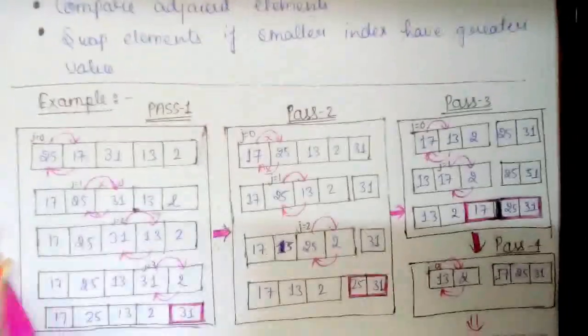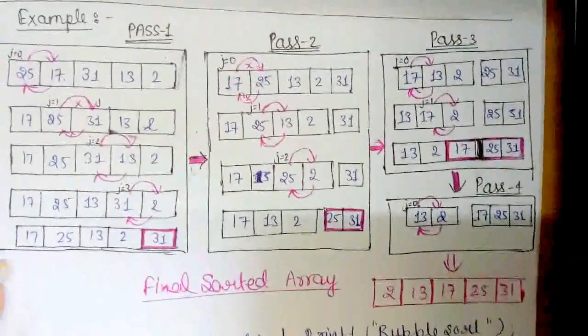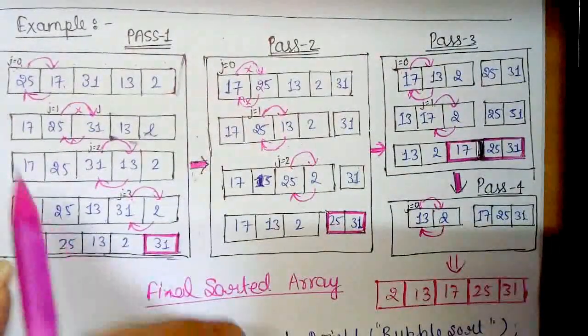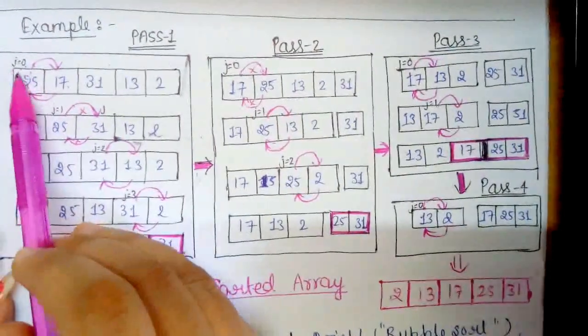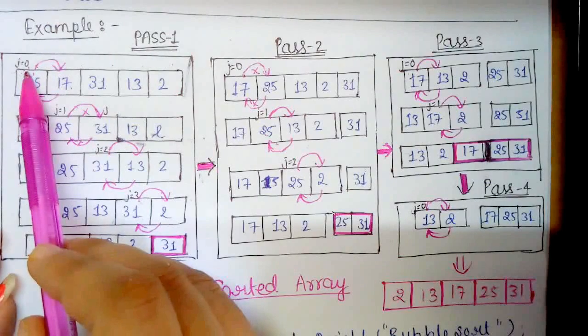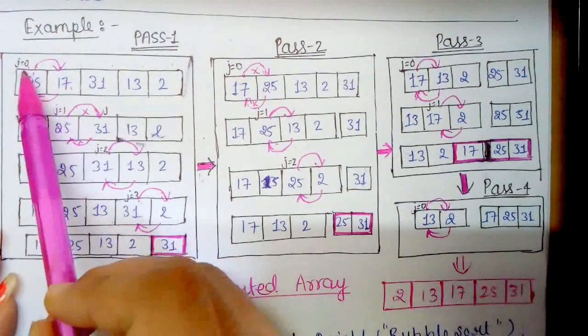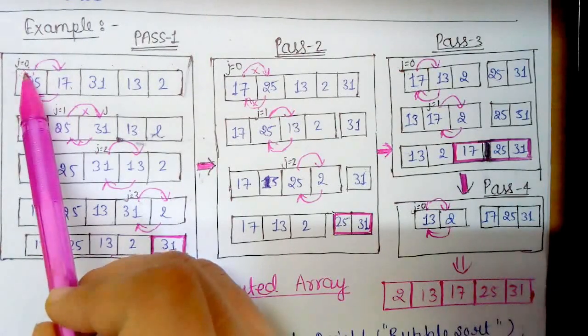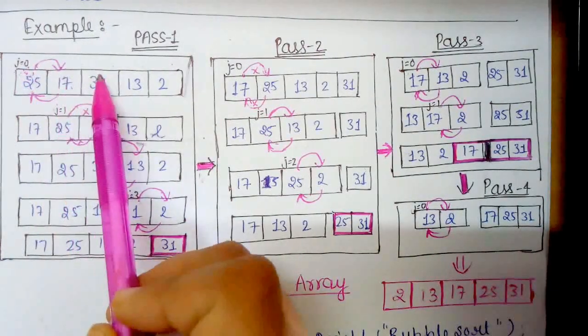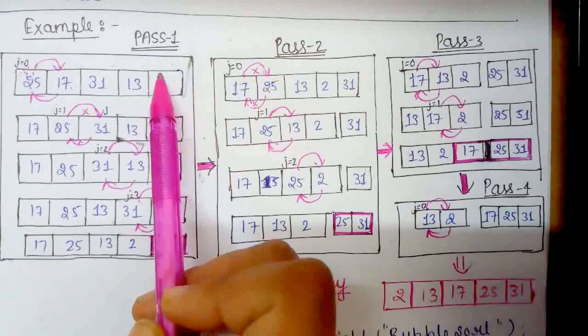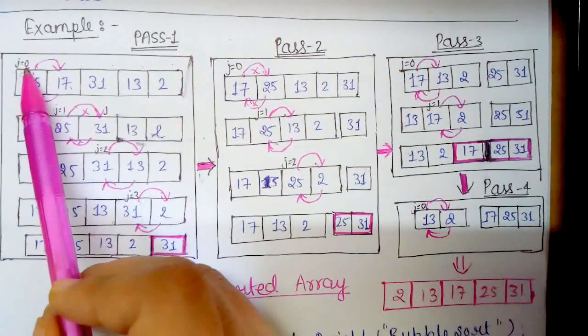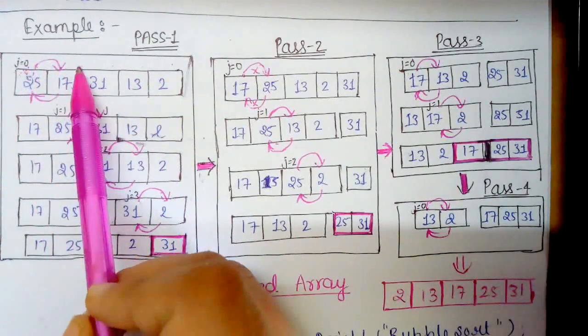Now what is an index? Let me take an example. If we have this array, this is the 0th index. As we all know, array index always starts from 0, so that is index 0, that is 1, that is 2, 3 and 4. So this is the smaller index and this is the greater index.